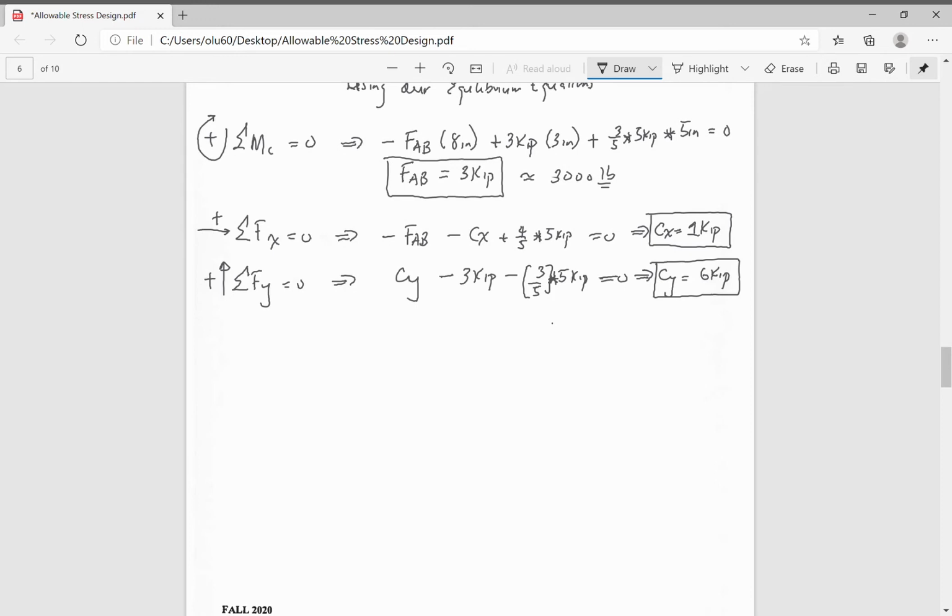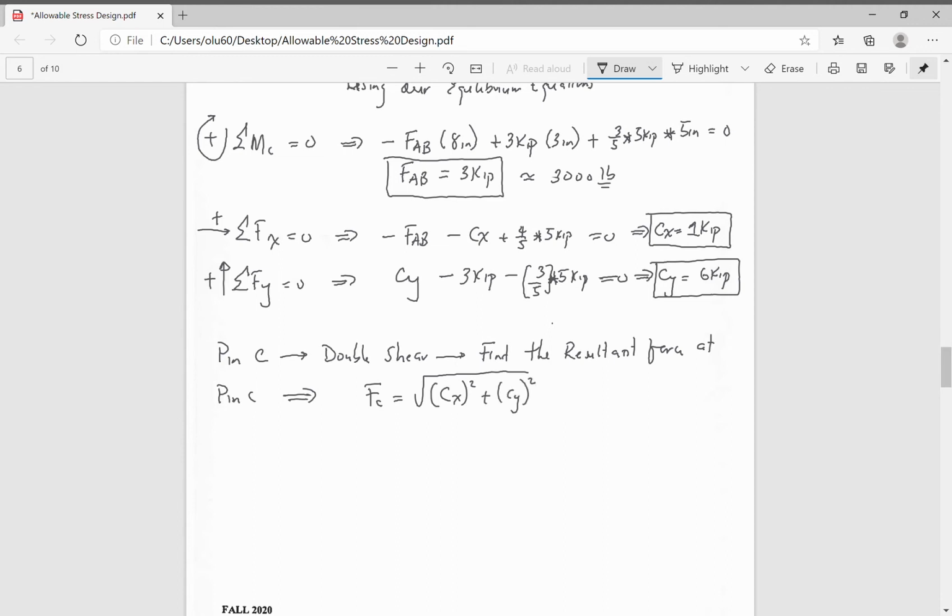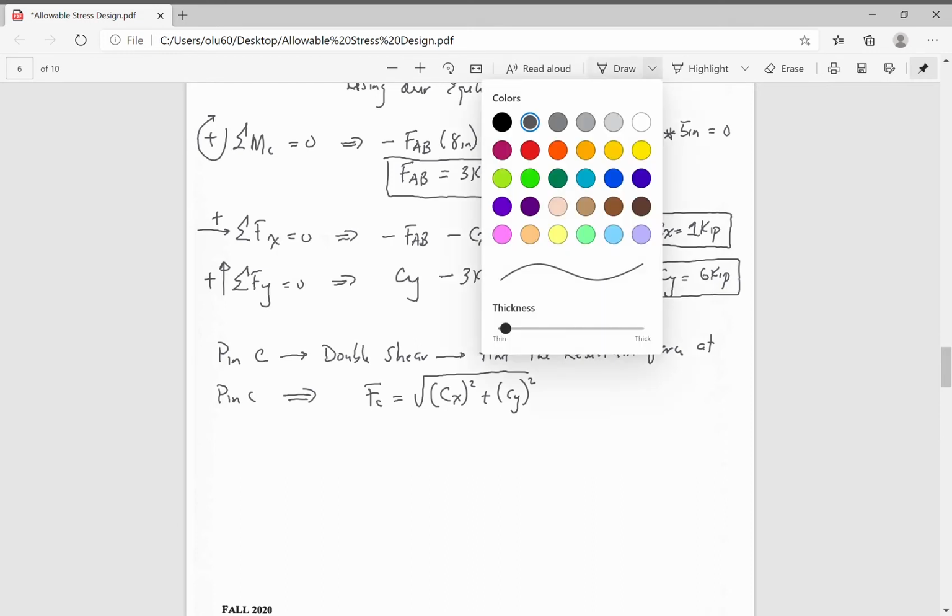Now, if we want to find the resultant force acting on pin C, since pin C experiences double shear, we need to find the resultant force at pin C. And that's going to be the square root of CX squared plus CY squared.